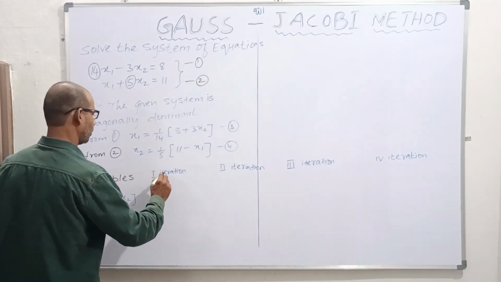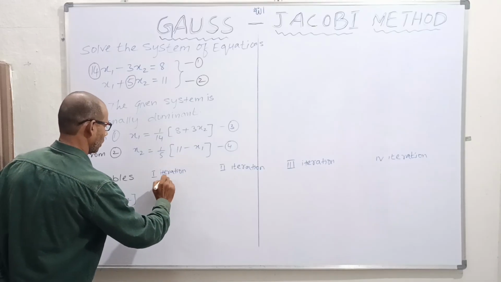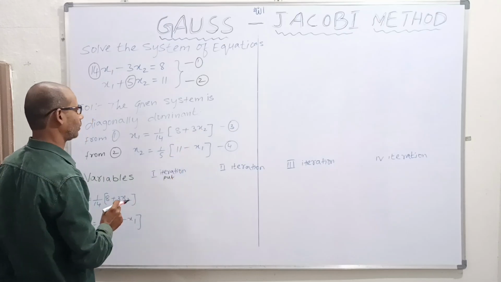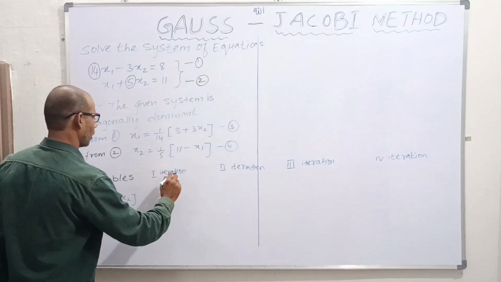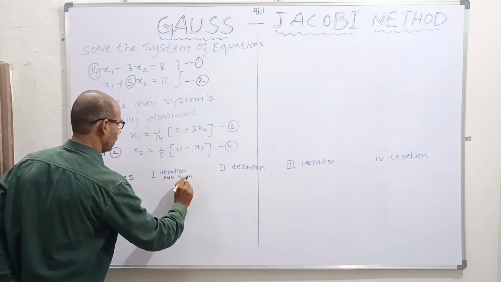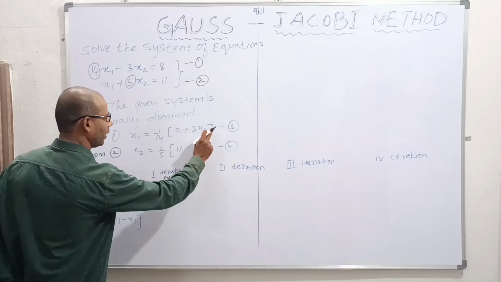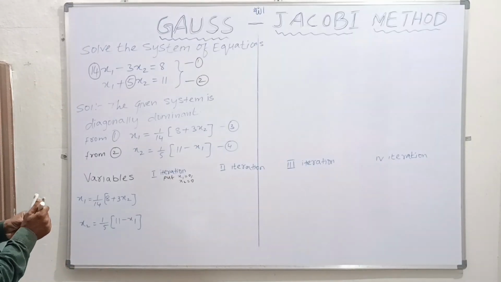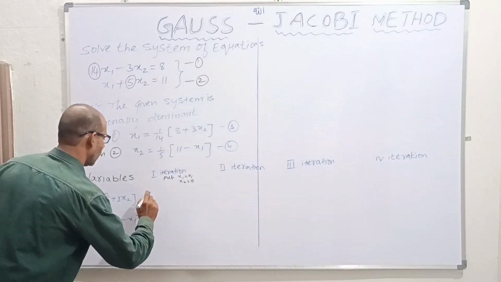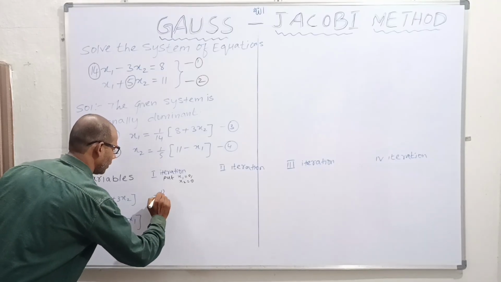So we put x1 equal to 0 and x2 equal to 0 in the right hand side of equations 3 and 4.